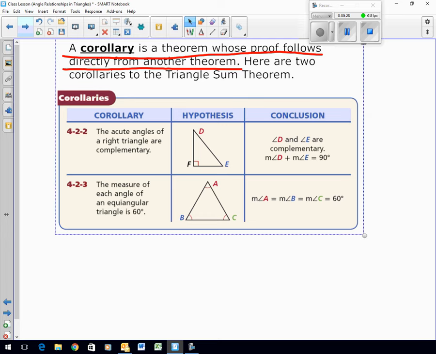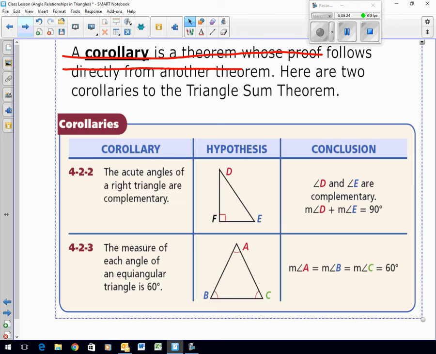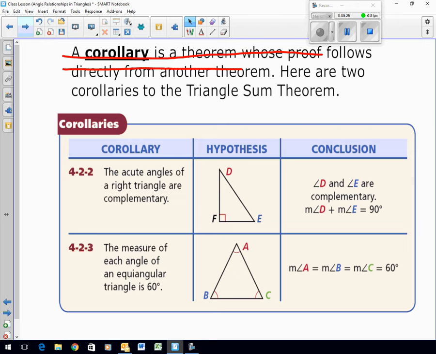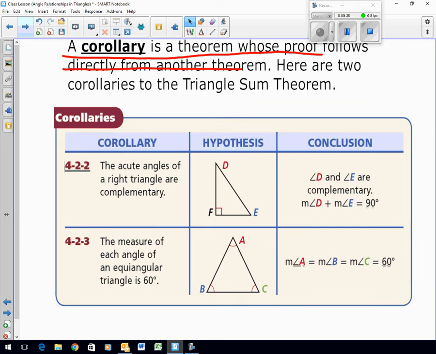Look at the corollary that we talk about here. A couple of them actually. First one is this. You don't have to write this down. Just listen. The acute angles of a right triangle are complementary.